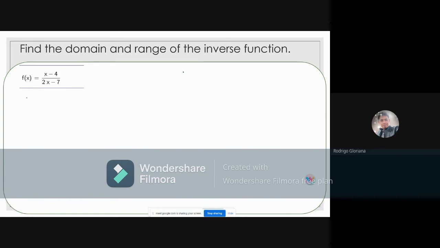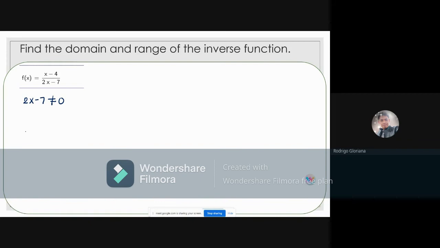So to determine the domain, we have to identify the restriction. 2x minus 7 is not equal to 0. And then solve for x.